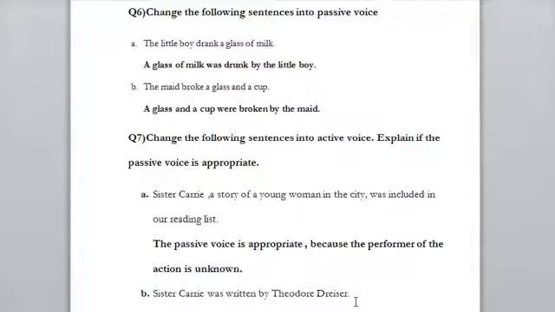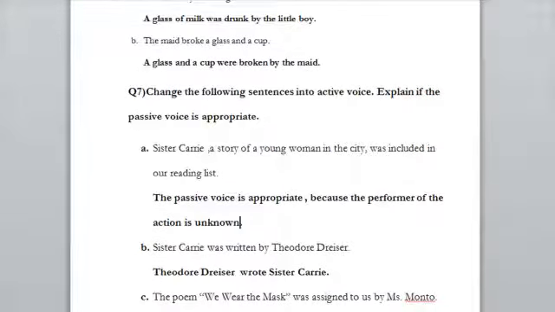So I can easily change my sentence into active voice. I'll put this part at the beginning and I will change the sentence upside down. The verb will be kept in the middle, but as long as it's in the past participle, I'll be changing the verb a little bit, returning it into past tense. So Theodore Dreiser wrote Sister Carrie.